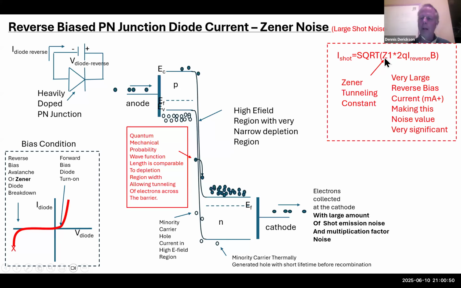So a similar formula, but we have this Zener constant, which is a little bit different than the avalanche multiplication constant. But in both cases, we can get multiple electrons that are tunneling across, and they can actually multiply too. So this is also another really large source of noise. Zener diode breakdown.